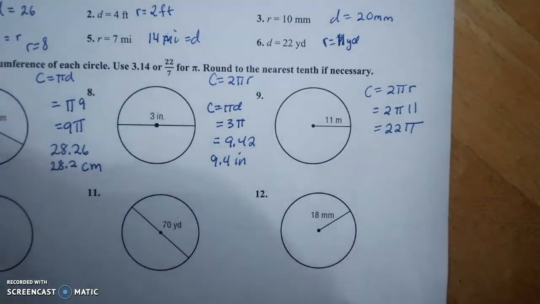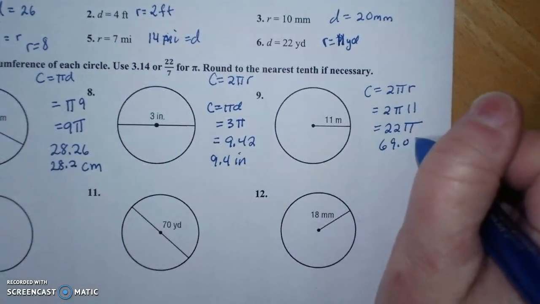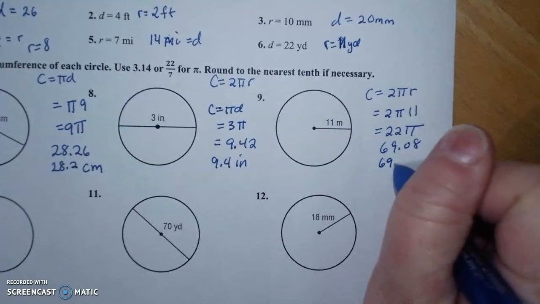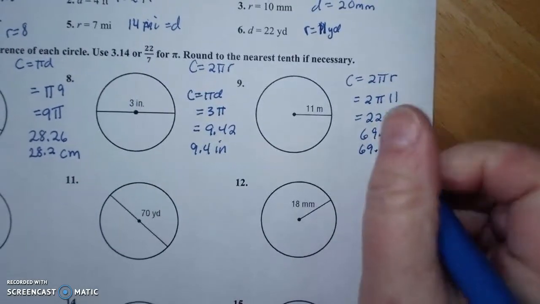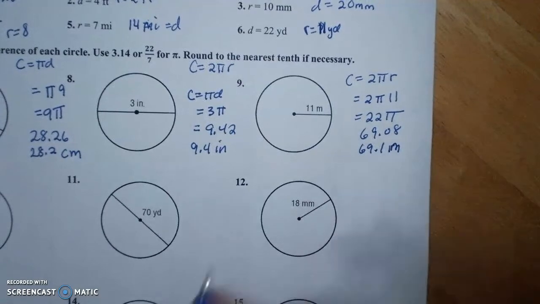C equals 2 pi r equals 2 times pi times 11 equals 22 pi. And then after I leave it as 22 pi, I multiply it. And I get 69.08. Round to the nearest tenth is 69.1 meters.